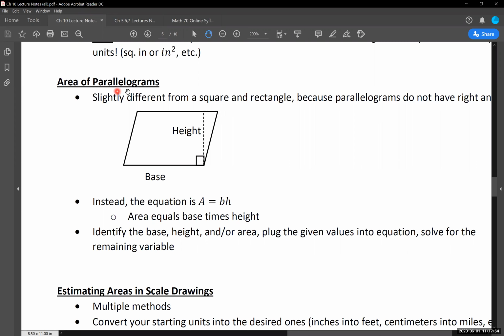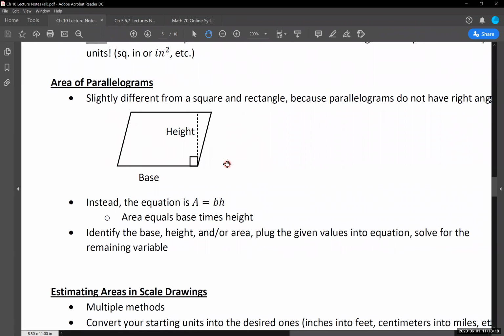With parallelograms, because they do not have right angles, we cannot just go this length times this length and get the exact same answer. It does not work that way. We have to go base times height. The height is the distance directly across from these two lines.